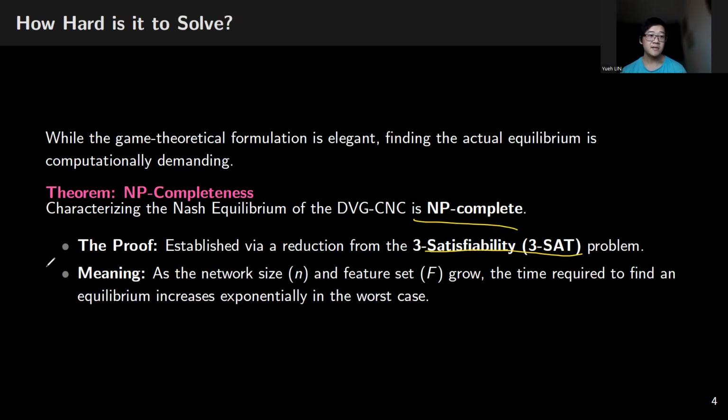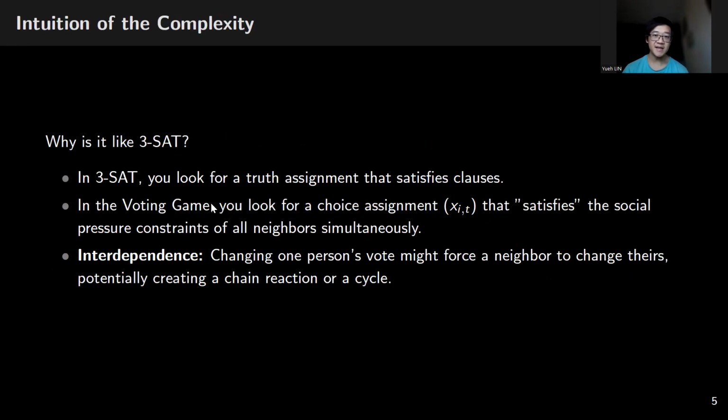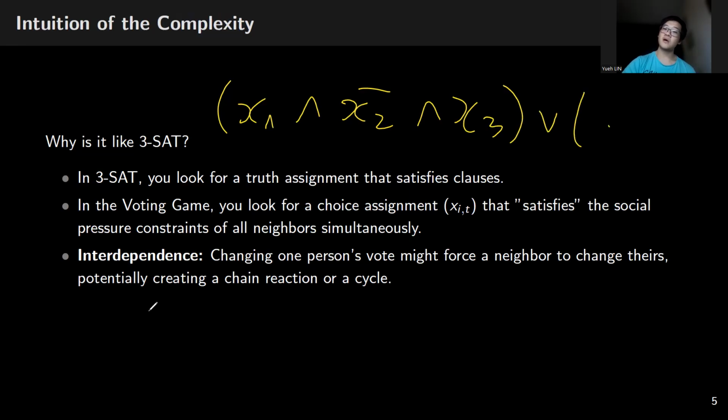In the next slide, let's talk about why it is like 3-SAT. 3-SAT is the case where you have variables, for example, x1 and not x2 and x3, or another phrase like that.